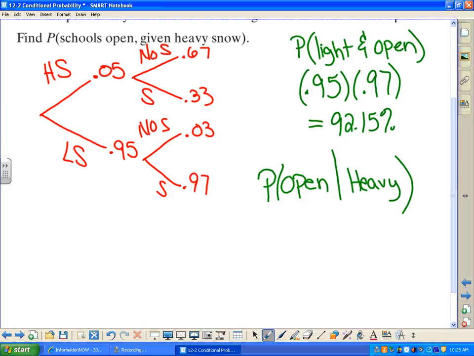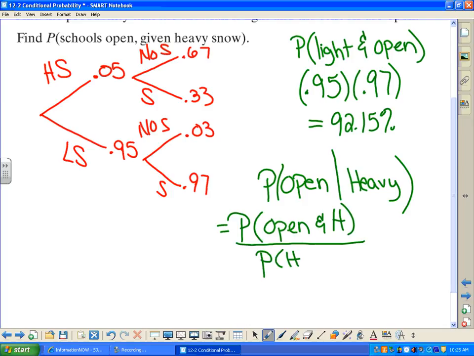What I think you need to do in a case like this is use the formula. And to use the formula, we first want to find the probability of what? Okay, that it's open and heavy over the probability that it's heavy.